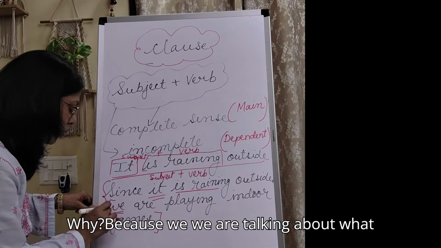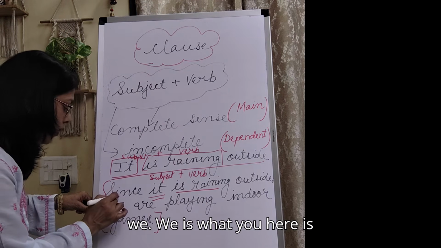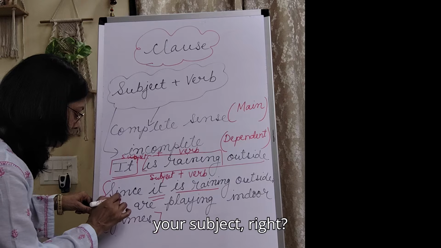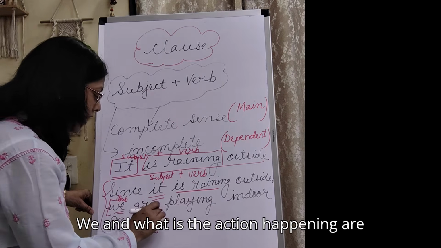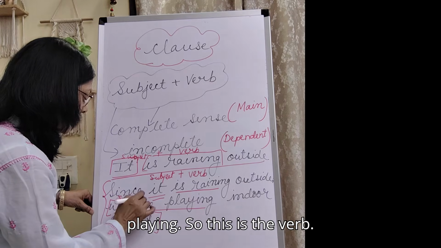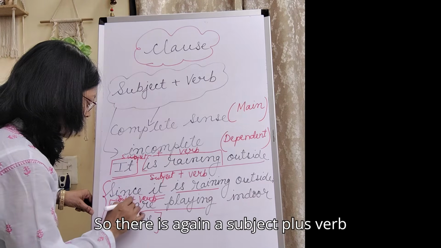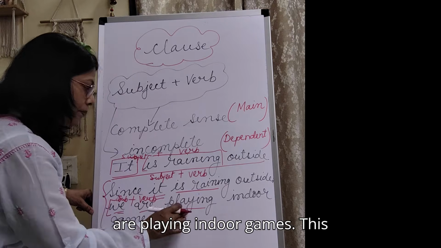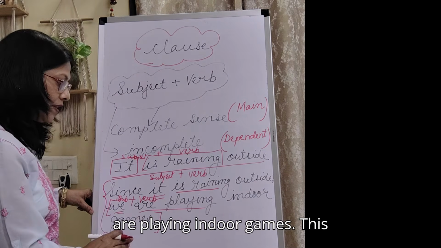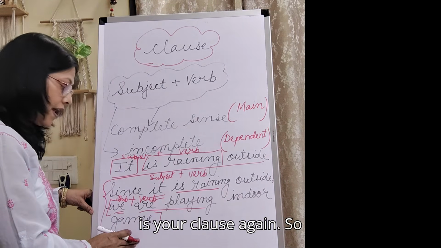Because we are talking about what? We. We is your subject. Right? And what is the action happening? Are playing. So this is the verb. So there is again a subject plus verb combination here also. So we are playing indoor games. This is your clause again.